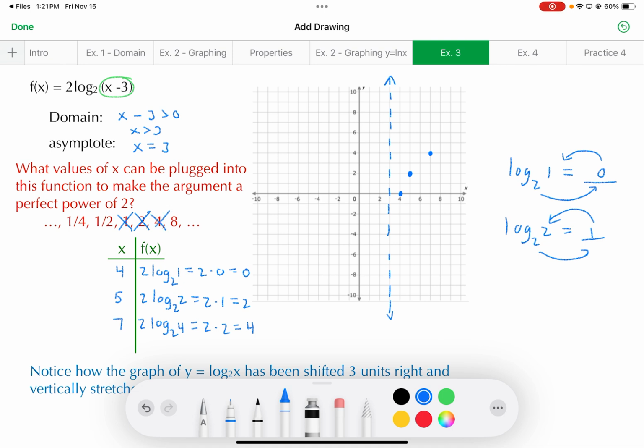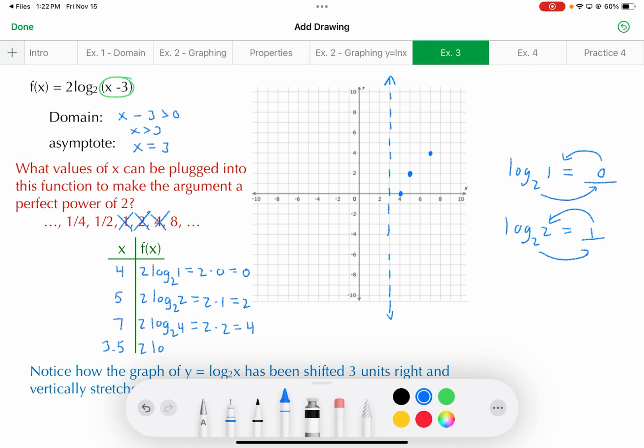All right, now if you want to see more accurately the behavior near the asymptote, you have to go in the other direction where these fractions are. A perfect power of 2 is also 1/2. What value of x when subtracted by 3 gives you 1/2, or 0.5? 3.5, right? So that would be a reasonable value to choose.